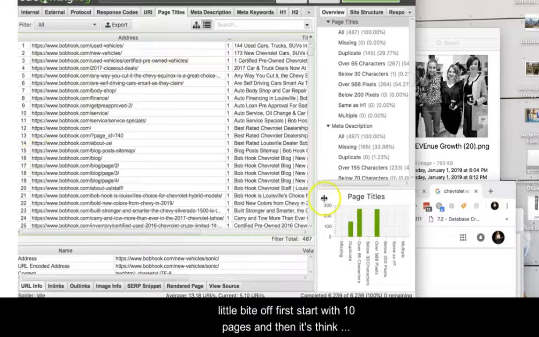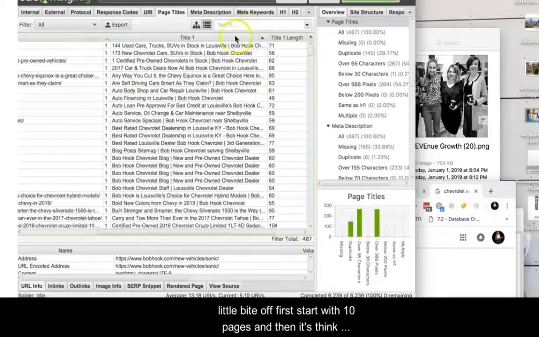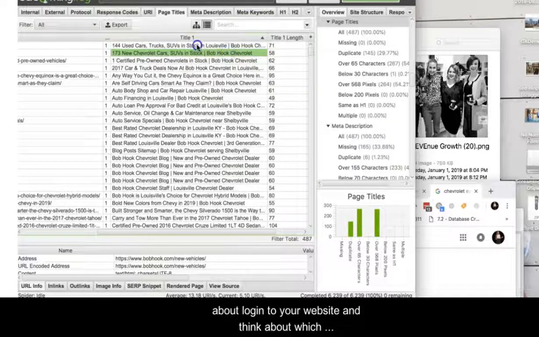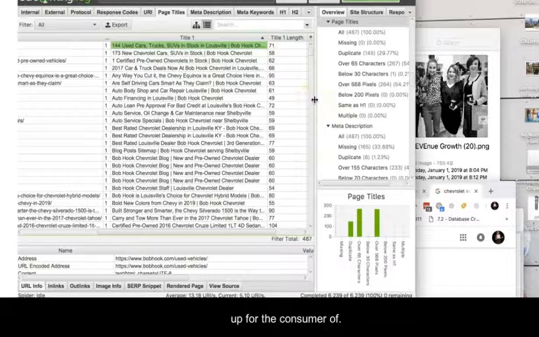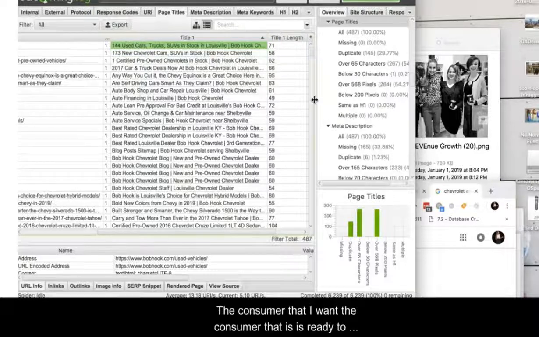Start with 10 pages and then think about, log into your website and think about what information would I put on my homepage if I wanted to show up for the consumer of the consumer that I want, the consumer that is ready to buy, is my customer. I have what they're looking for.